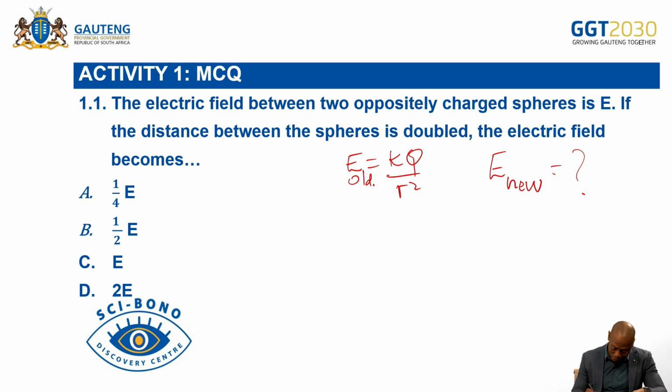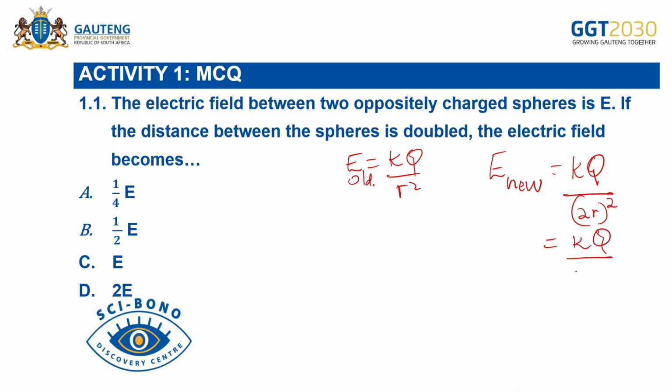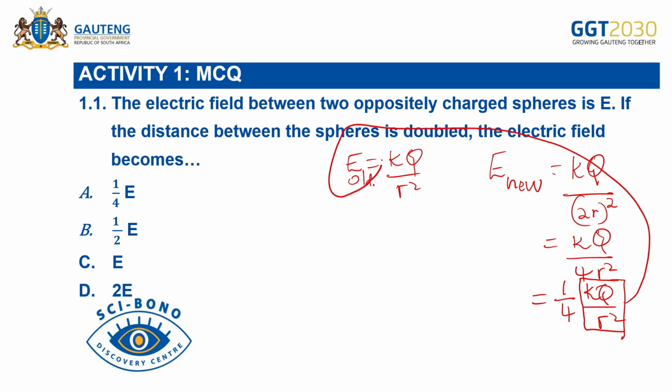The distance is now doubled, so the new electric field is kQ over (2r) all squared, which is kQ over 4r squared, the same as 1 over 4 times kQ over r squared. But remember, this kQ over r squared is the old E, so the new field is 1 over 4 E. So here is just the issue of proportionality.